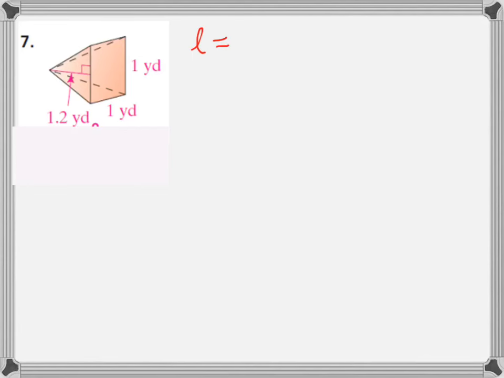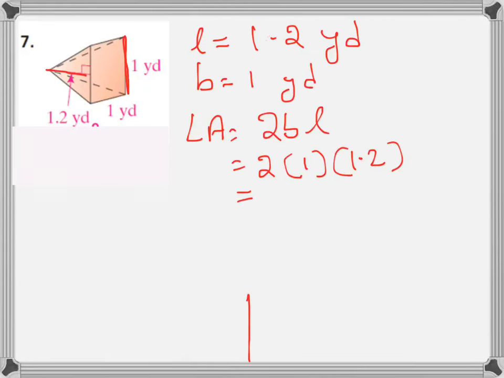The slant height is 1.2 yards. 1.2 yard. 2 times 1 times 1.2 is 2.4, which is 2.4 yard square.